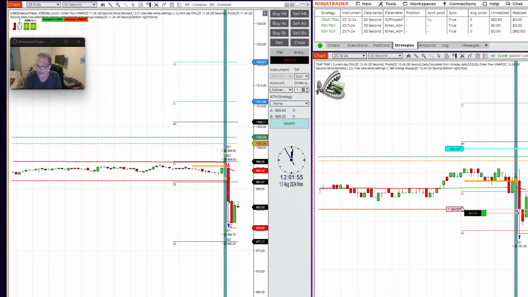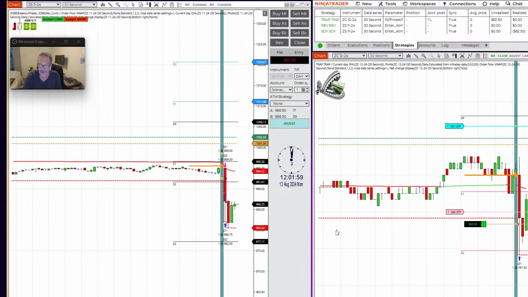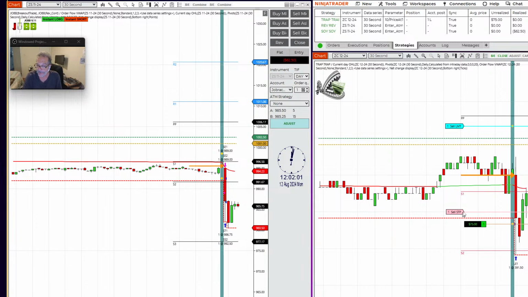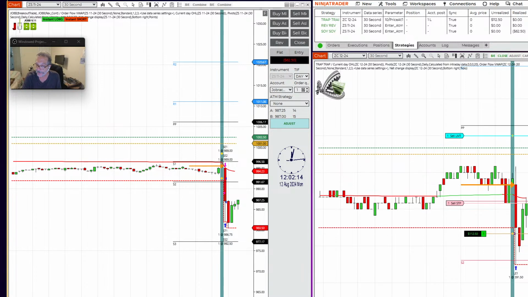I can trail it a little bit. I'm already too close. Can trail it again. Nope, I'm going to wait because it's not making a decision. Trail again. Trailing, trailing, trailing corn, which is looking like it's moving up.